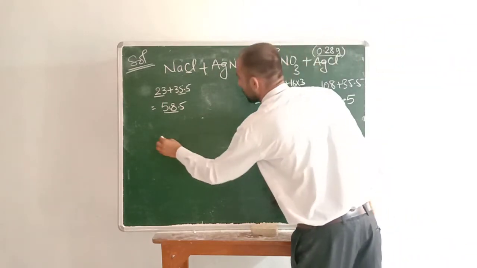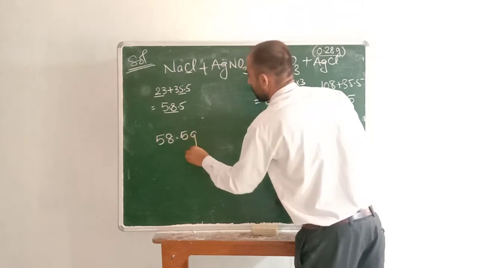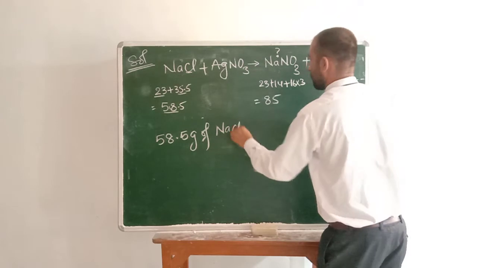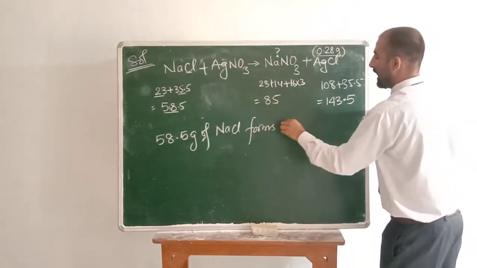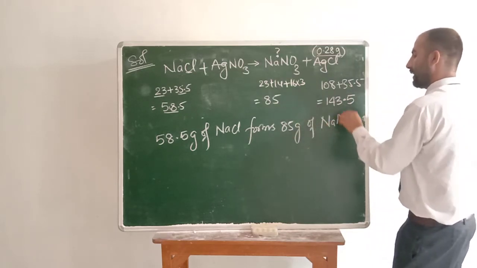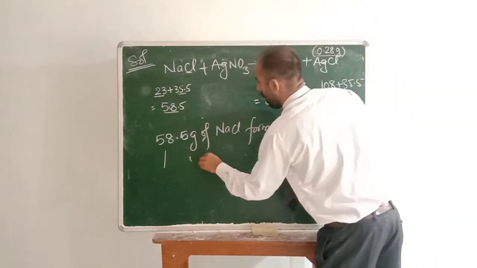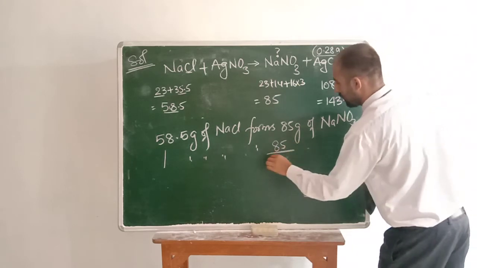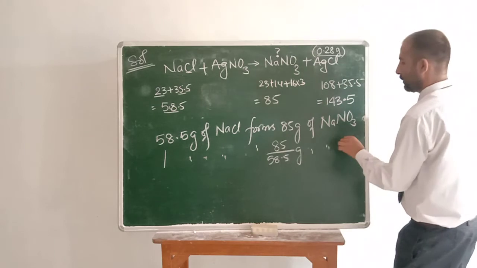58.5 gram of NaCl forms 85 gram of NaNO3. That means 1 gram of NaCl forms 85 by 58.5 gram of NaNO3.